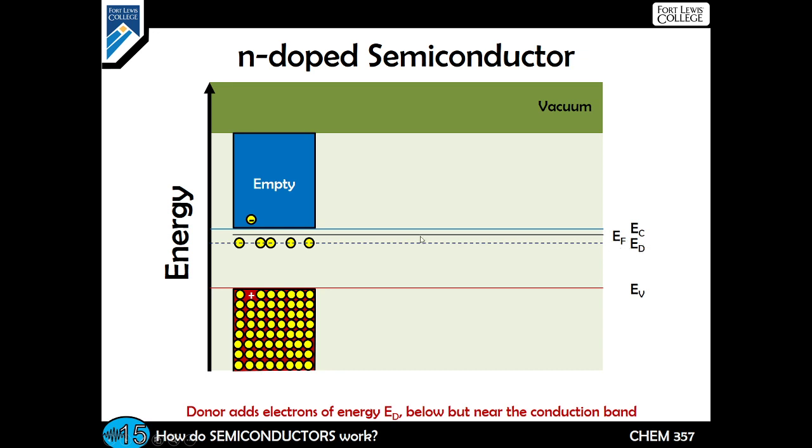The energy level of your donor, of your doping, your n-doped atoms in your semiconductor, whatever they are. And these electrons raise the Fermi energy and thus make it easier to populate the conducting band. The electrons in the doped atoms are a bit higher in energy, and they can contribute to the conducting band more easily.